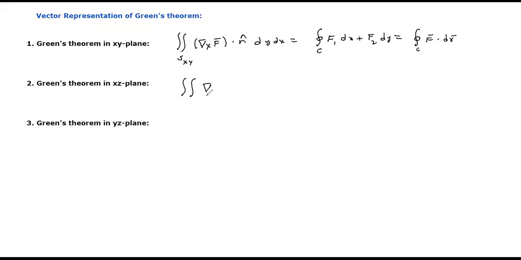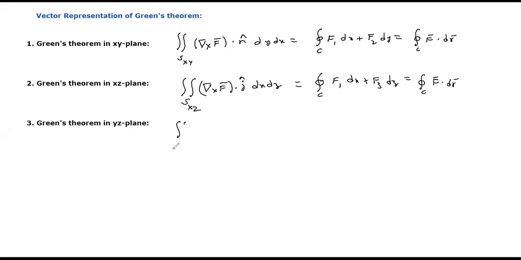Similarly, what will be the normal vector to the xz plane? j bar. So curl f bar dot j bar, xz means dx dz, or Sxz, equal to integral over C f1 dx plus f3 dz, since y equal to 0, dy equal to 0, which is integral over C f bar dot dr bar.